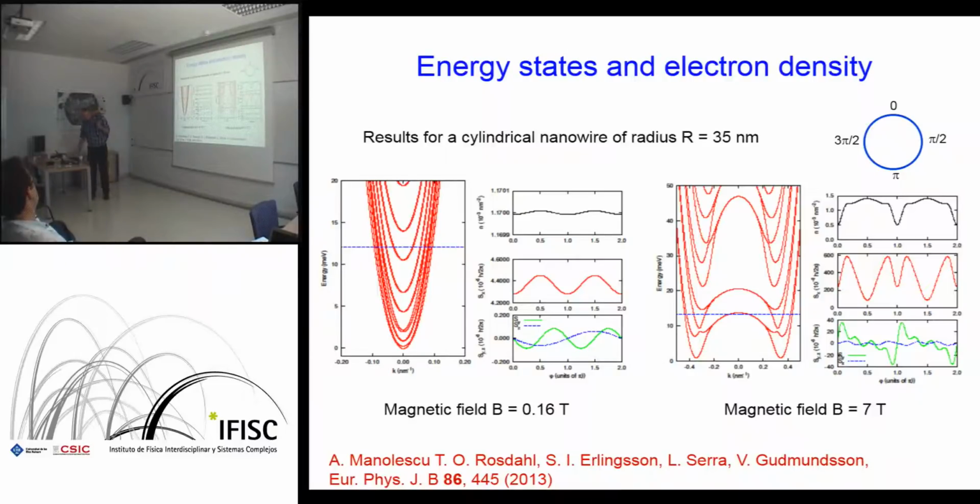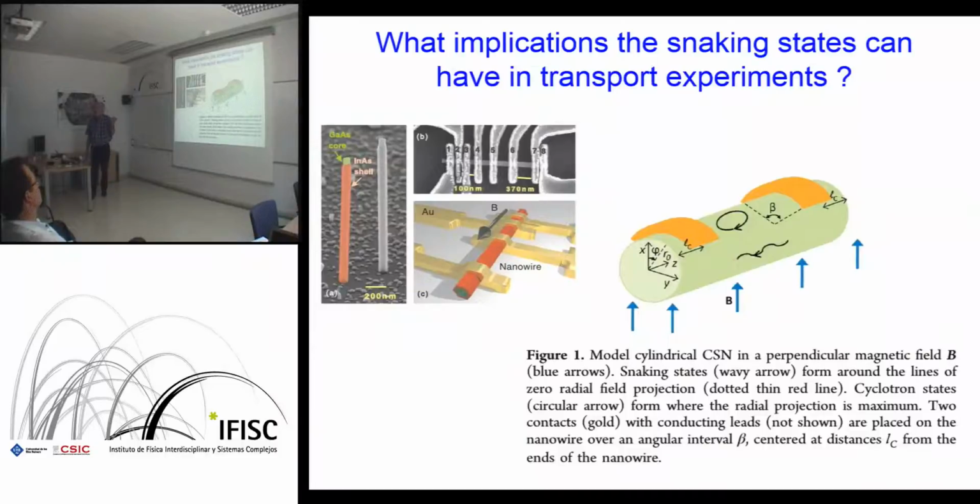But the question which was not answered: how are these states going to behave in such a way that they can be observed? Or will they be observable, or will they be washed out in the whole energy spectrum?